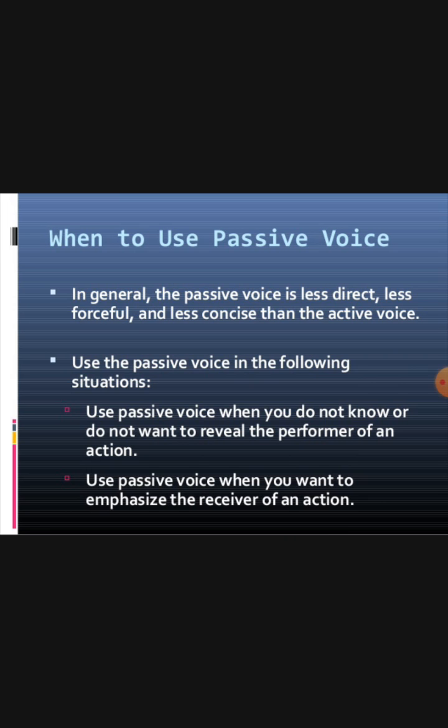The tray was dropped. And when I say the tray was dropped, you don't know who dropped the tray. So whenever we don't want to reveal who performed the action, we use passive voice.